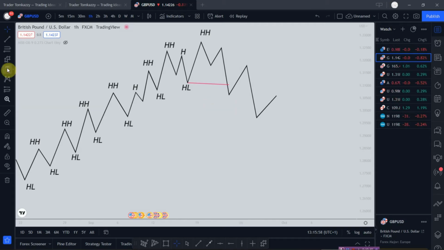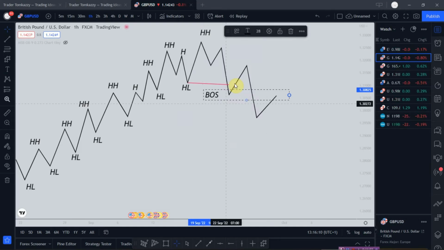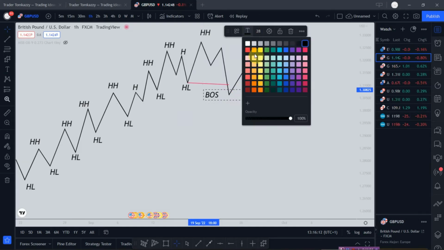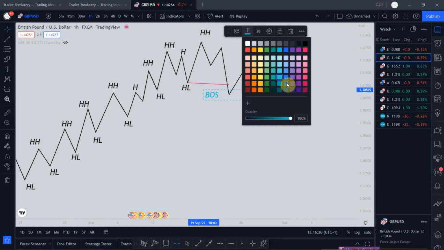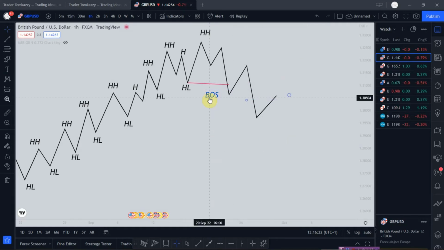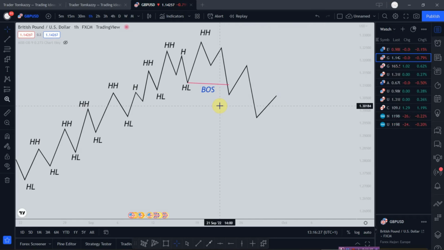BOS. We call it BOS because we have broken the market structure. We are no more on an uptrend. We are now on a downtrend.